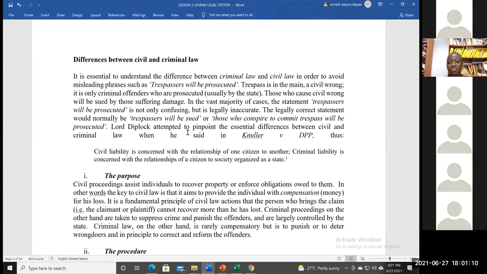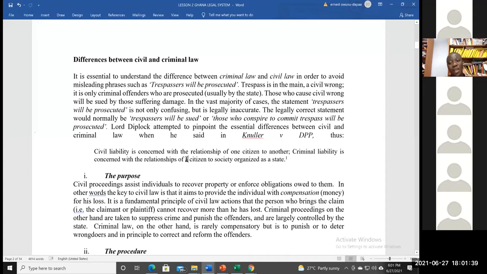The main aim of civil law is usually to help the individual get compensation for his loss. A loss either arising from a tort, from breach of contract, or some other type of transaction.